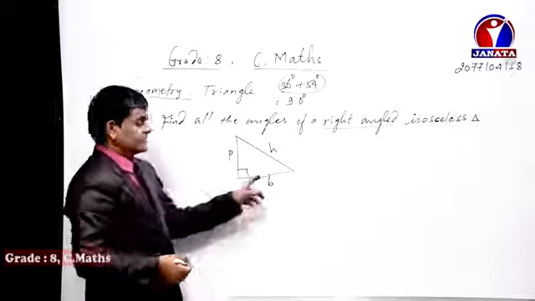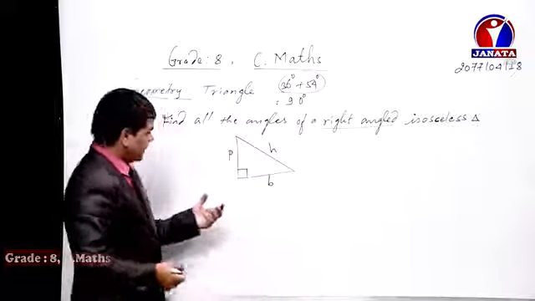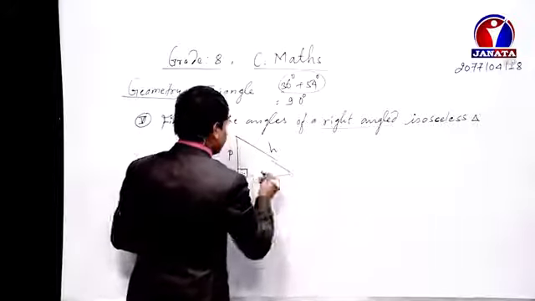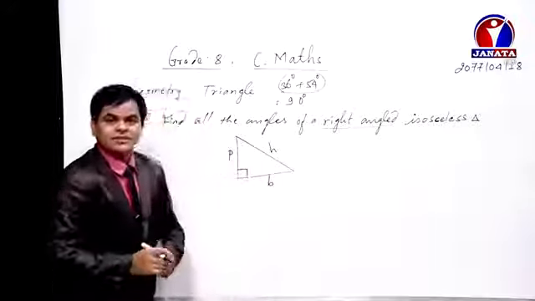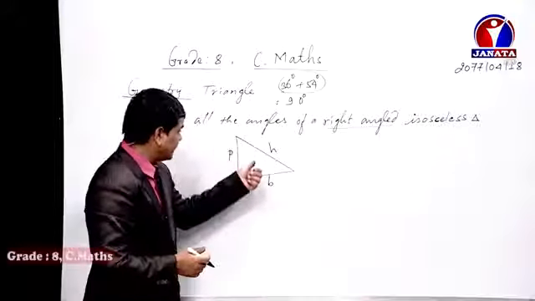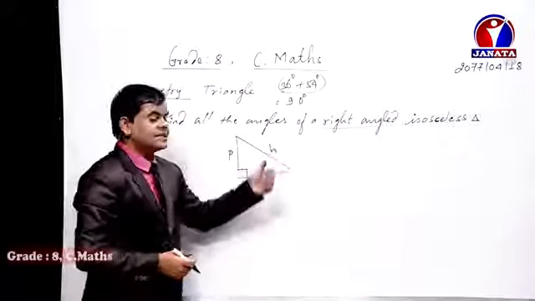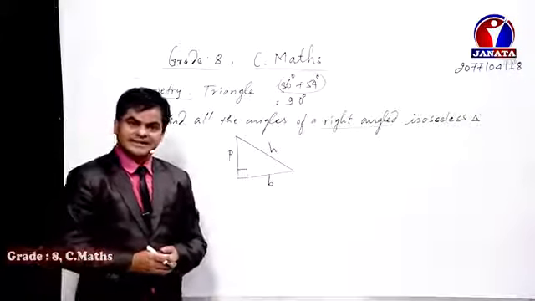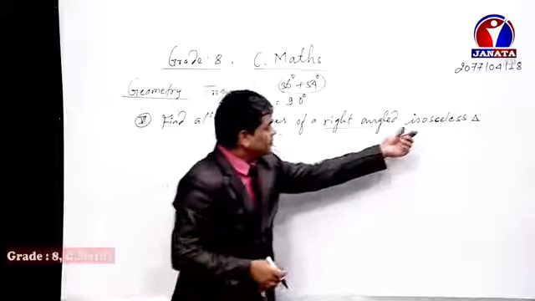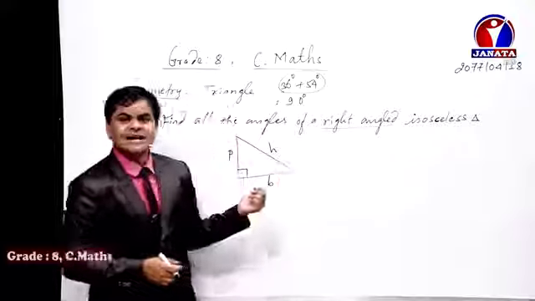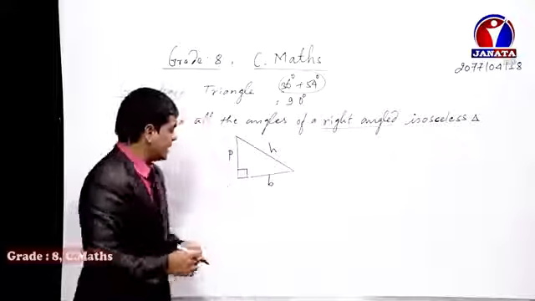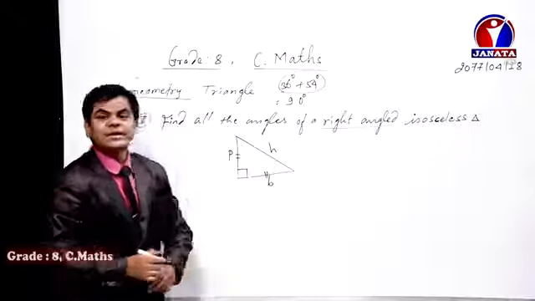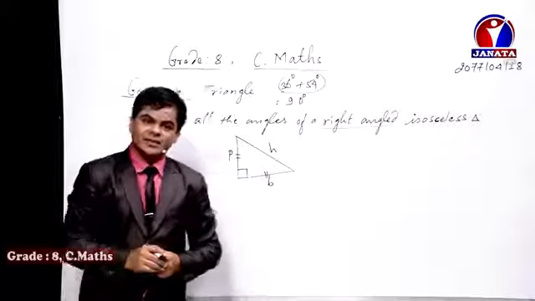Why am I writing this thing? To revise. And then, for right angle isosceles, I had told in the bygone day also, hypotenuse never becomes equal to perpendicular and base. So if we have to make this right angle triangle isosceles, we need to make the perpendicular and base equal to each other.